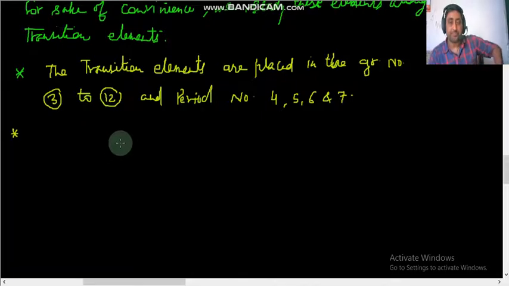Now, apart from the s block and p block elements, where we study them group wise, here we study them series wise, that is horizontally: 3d series, 4d series, 5d series. Okay, why? So the answer lies here.